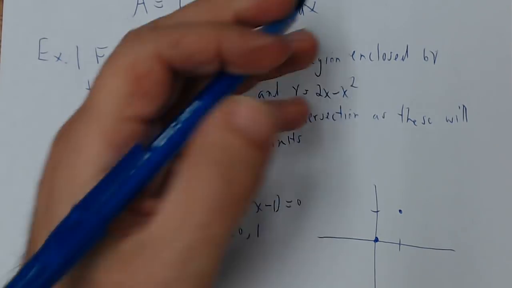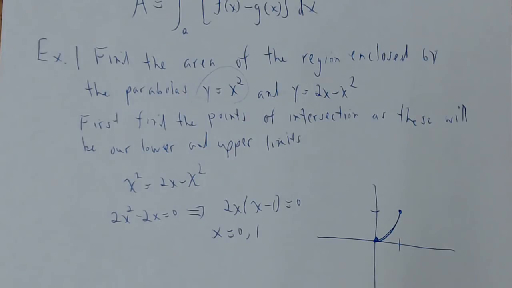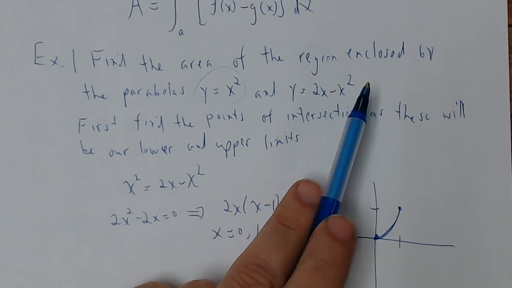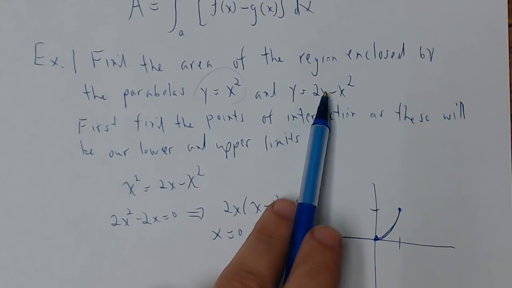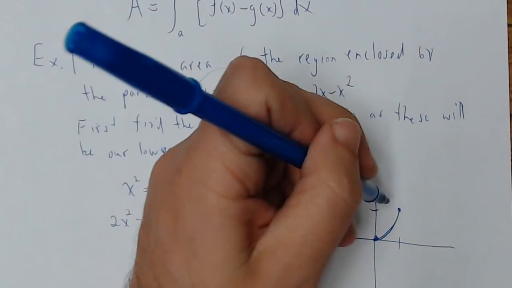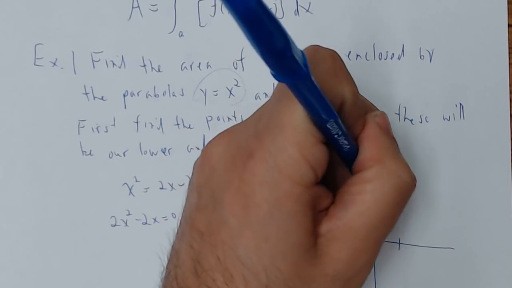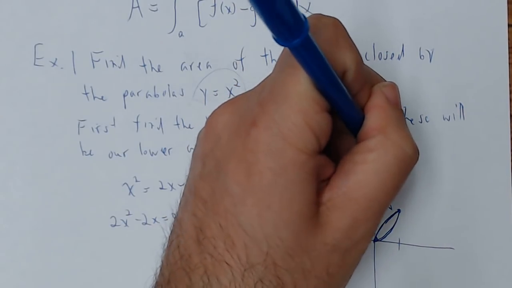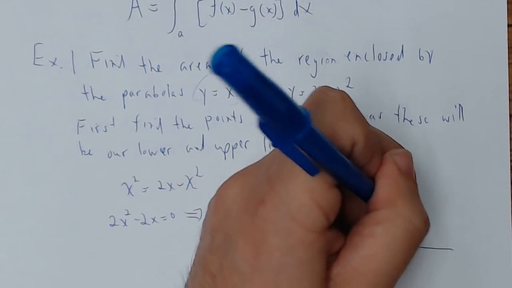But what does x squared look like from 0 to 1? It looks like that. Now, what does 2x minus x squared look like from 0 to 1? Well, if you want a better idea, this is a downward parabola, so it's going to look like this. So the top curve is actually 2x minus x squared, and the bottom curve is x squared.